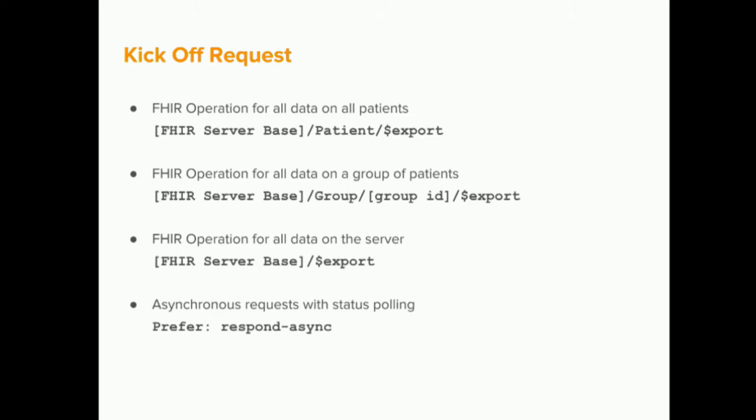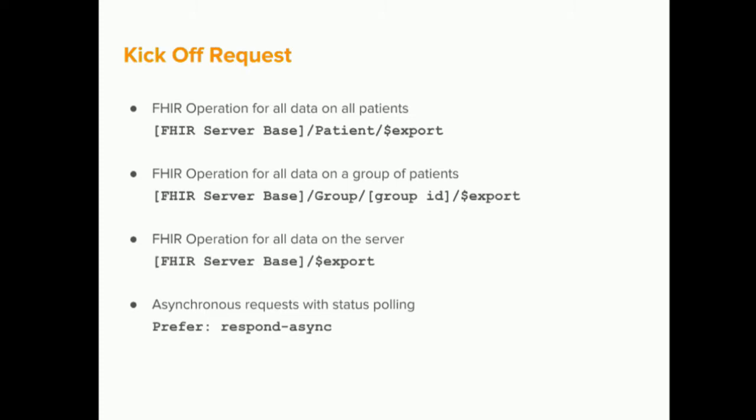So that would include things like terminology FHIR resources, which aren't directly linked to a patient, possibly some providers and organizations that don't have patients in your export. And the idea there is if you wanted to do an export of all your data in a FHIR system so that you could maybe move to a cloud-based FHIR server or put the data in a research database, it's just everything that's in the system.